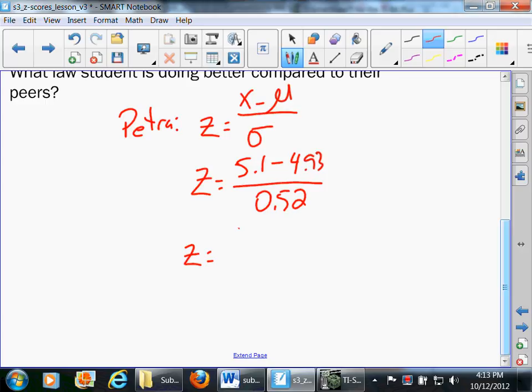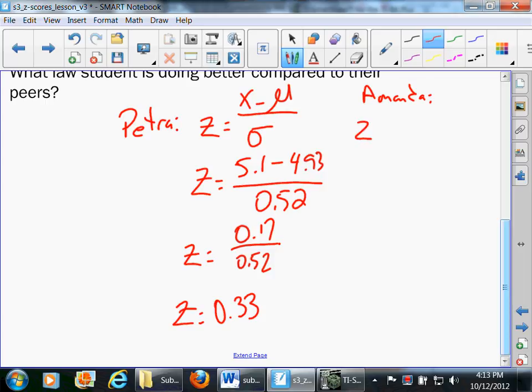So that's going to be 0.17 divided by 0.52, which is going to be 0.33. So it's a positive z-score, so Petra's above the average, and the z-score is 0.33.